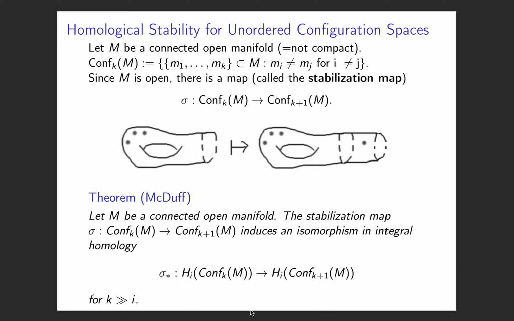What I'm trying to say is that we have very sharp bounds in which sigma induces this isomorphism when M is an open manifold.